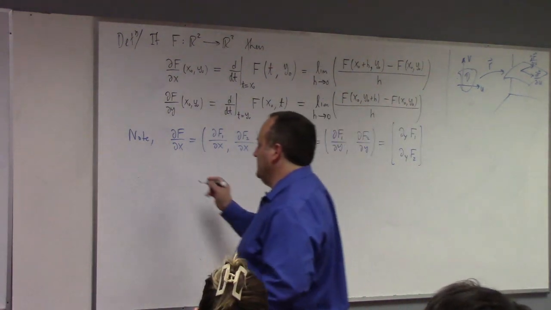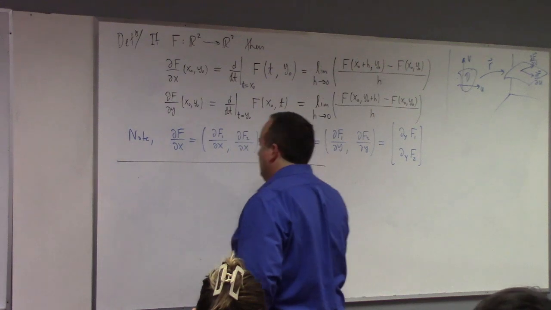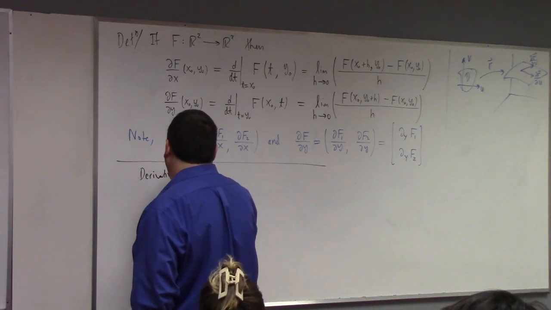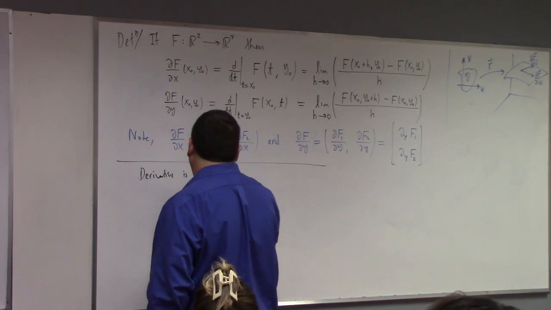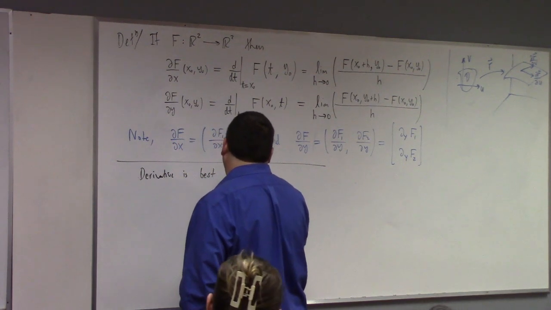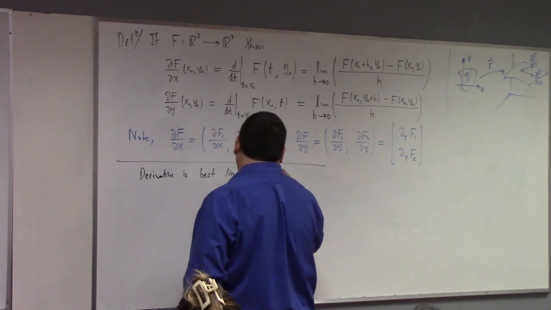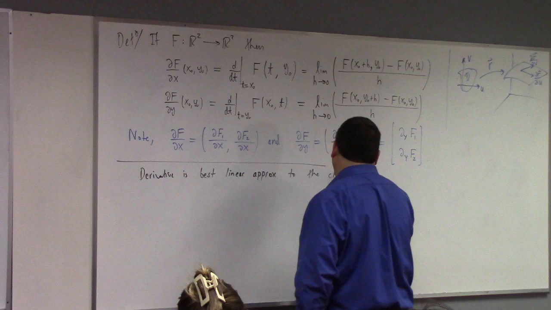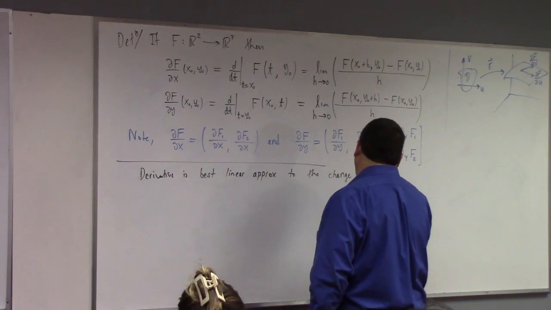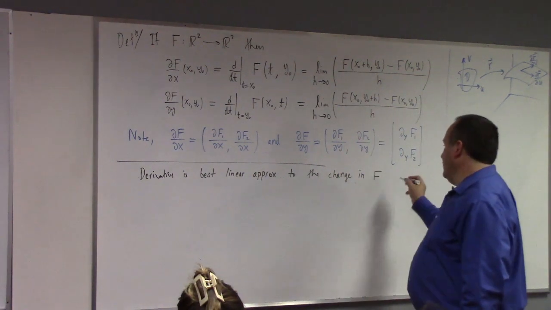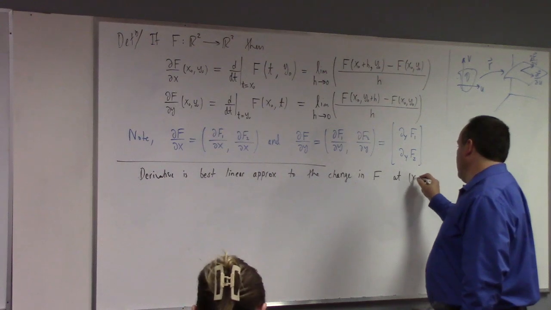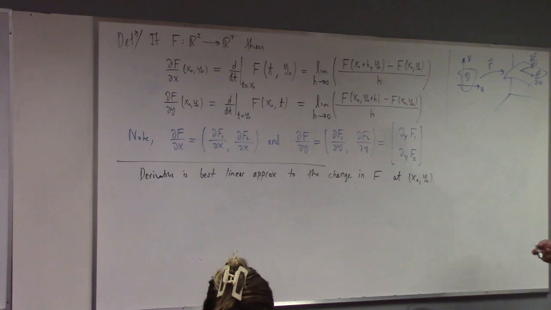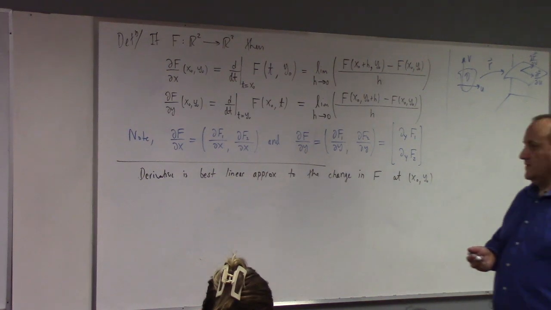Basically, the idea is this. The derivative is the best linear approximation to the change in f at a point. And the way to make that precise is as follows.